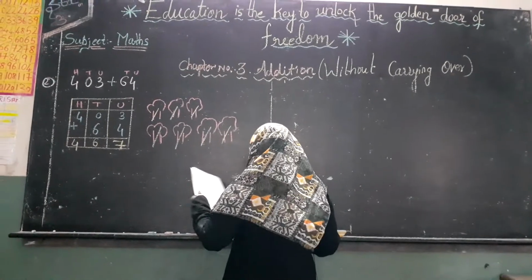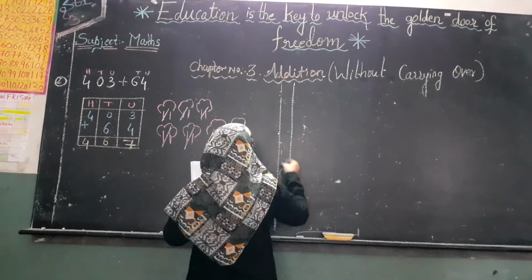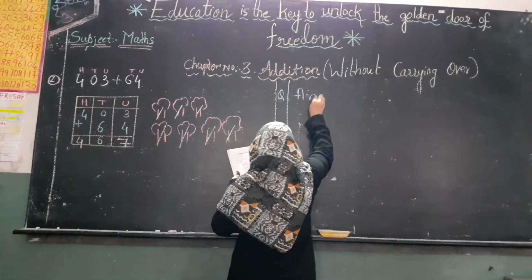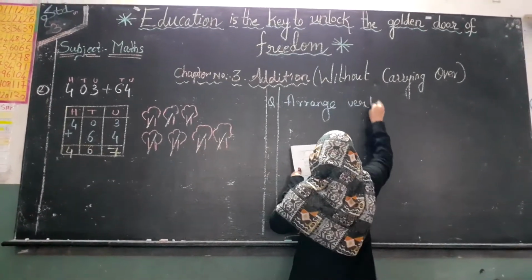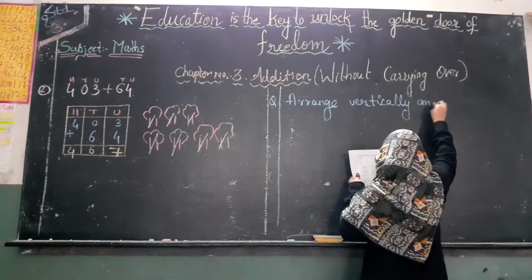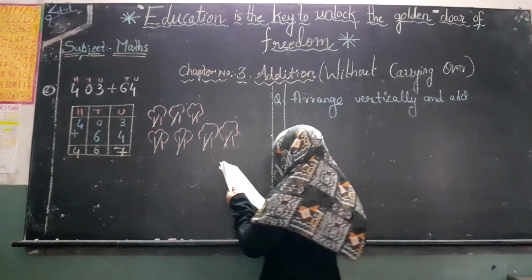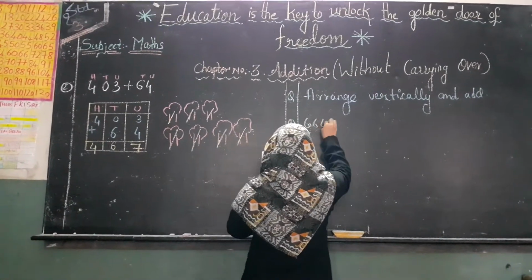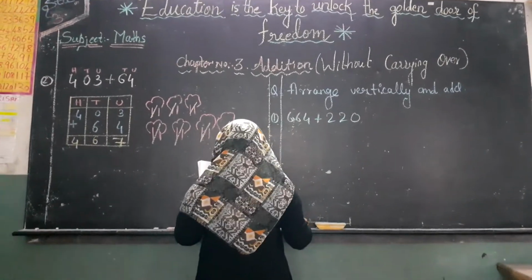Now the next question is arrange vertically and add. Now first question is what? 664 plus 220. Okay. Now we will draw a box.